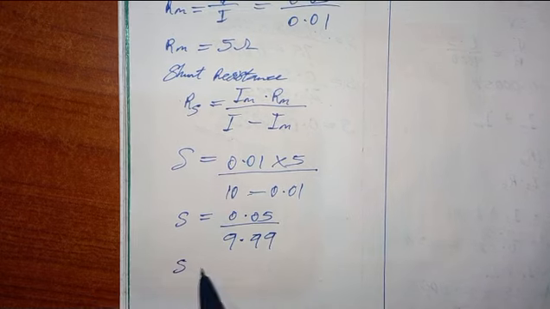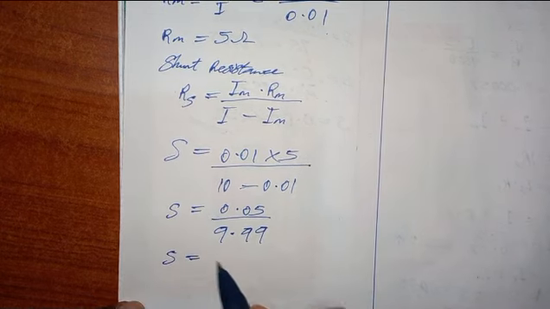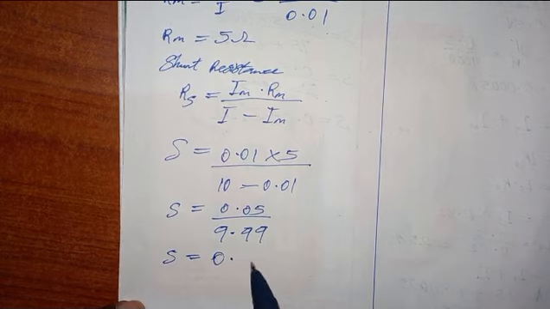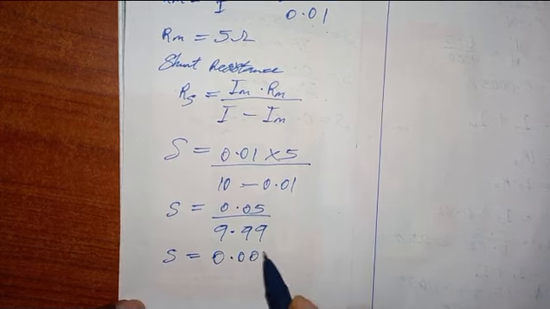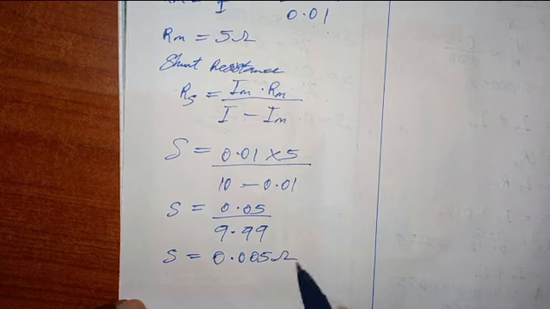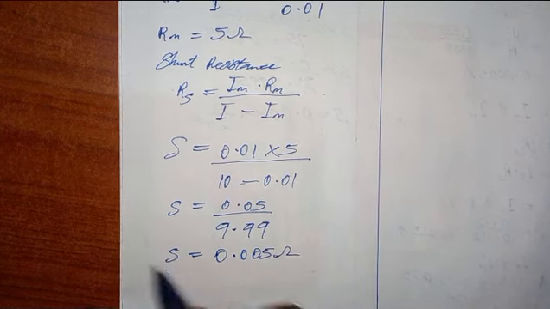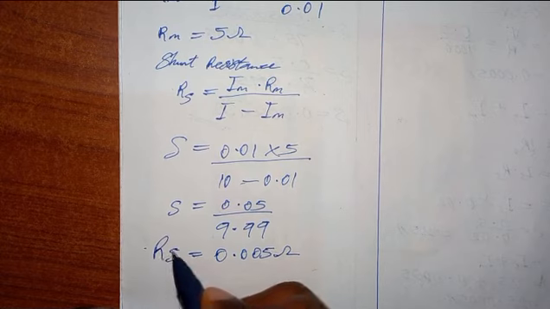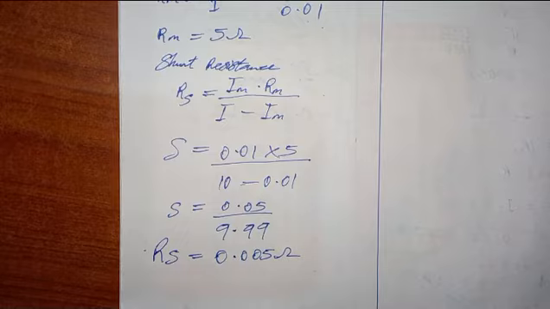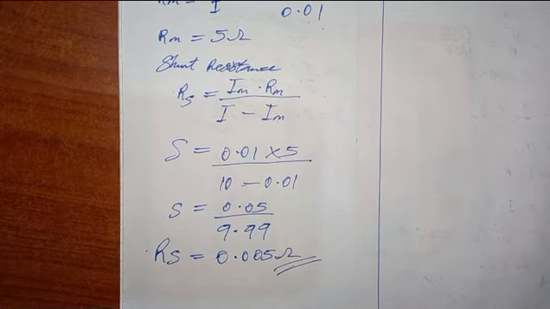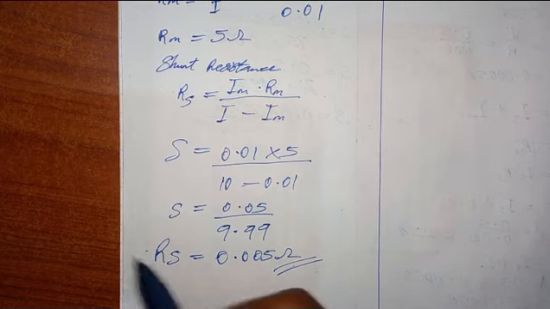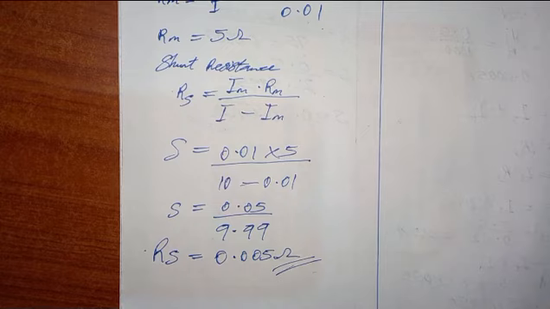So S here will be equal to 0.005 ohms. That's S, or Rs, the shunt resistance. The shunt resistance here will be 0.005 ohms.